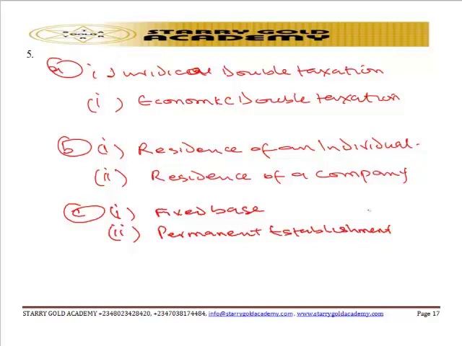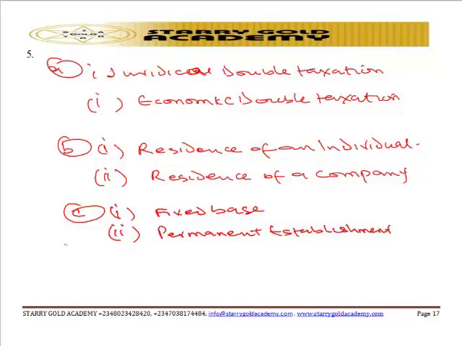Permanent establishment includes facilities that are used as office, branch, factory, mines, etc. In the model tax convention and tax treaties, fixed base is used for individuals, while permanent establishment is used for business entities. You get the difference? Fixed base is for individuals, permanent establishment for entities. Okay, so that is that.